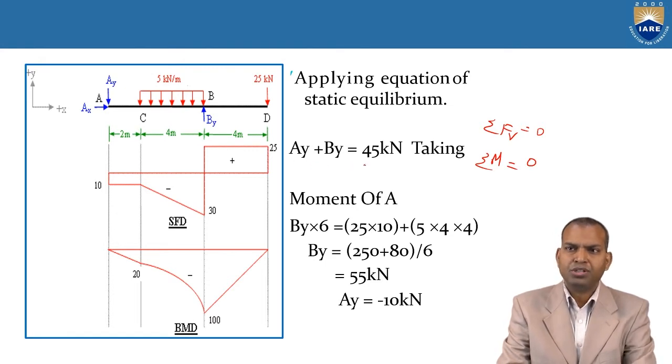By using these two equations, we find the two unknowns, the reactions at point A and point B.